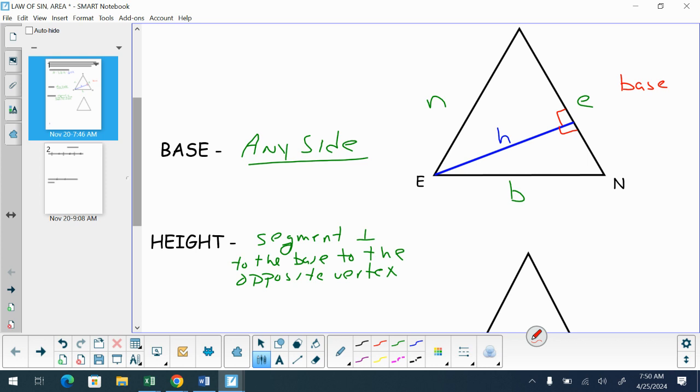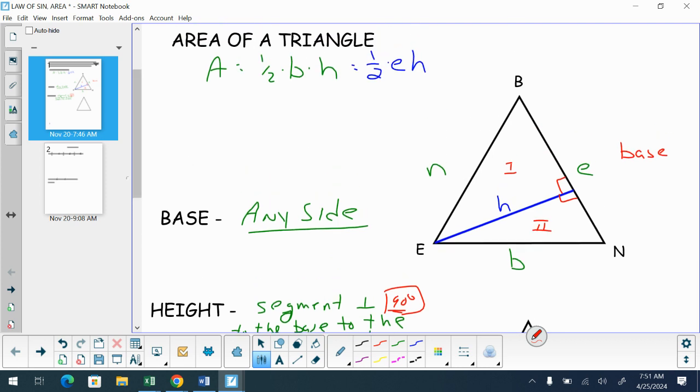Perpendicular means we form a 90-degree angle here. The nice thing about that is we have created, once again, two right triangles, just like we did with our law of cosines.